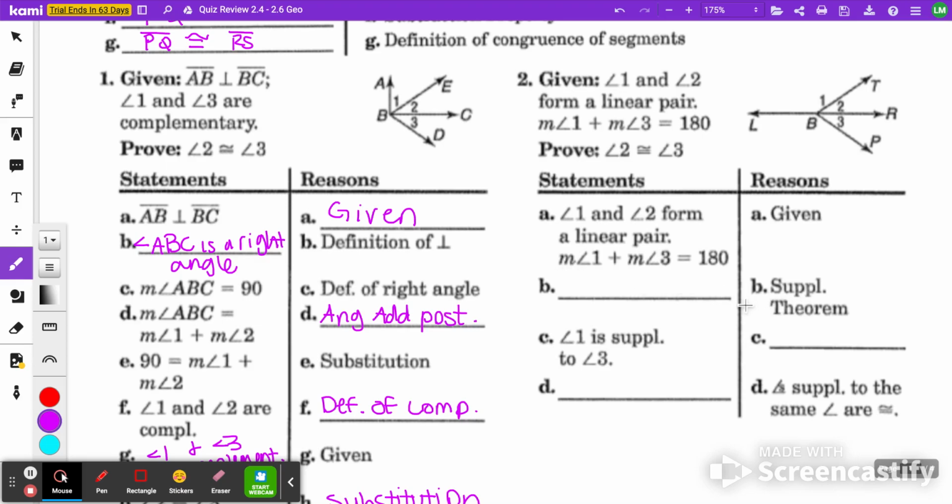When we're trying to use the supplement theorem, we can say that angle 1 is supplementary to angle 2, so that when angle 1 is supplementary to angle 3, that is the definition of supplementary angles. Okay, so when we're using angles that are supplementary to the same angle are congruent, we can say that angle 2 is congruent to angle 3.